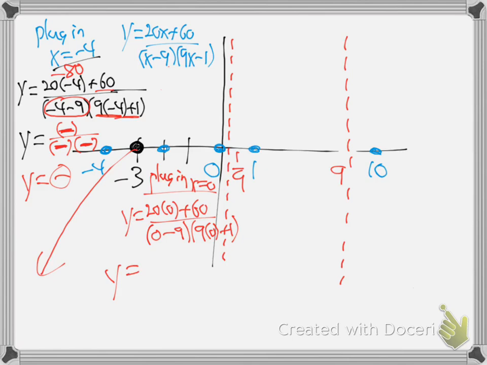That's positive on the top, negative here, and negative there. So 2 negatives, positive. So it's up here.